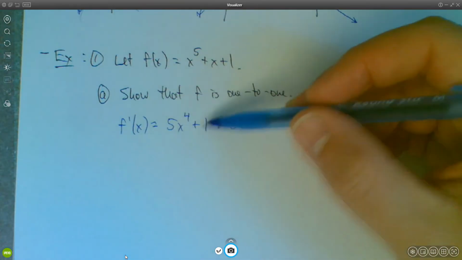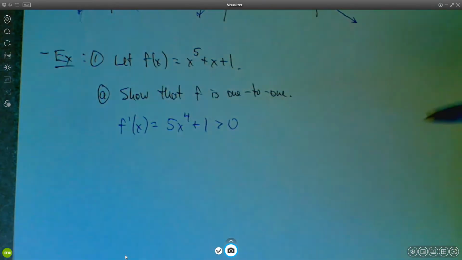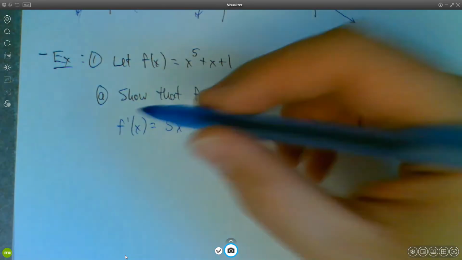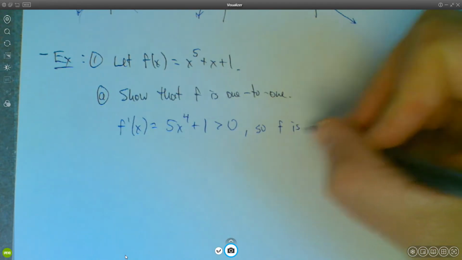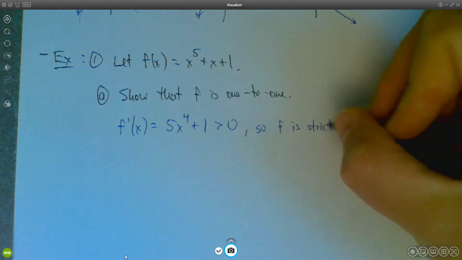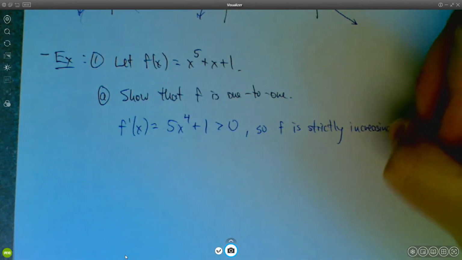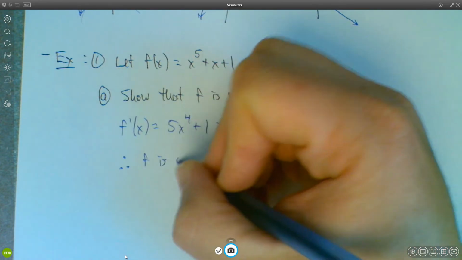And if you plug in 0, by the way, you just get 1, which is still positive. So the derivative is always positive, and therefore f is strictly increasing. And therefore, f is 1-to-1.